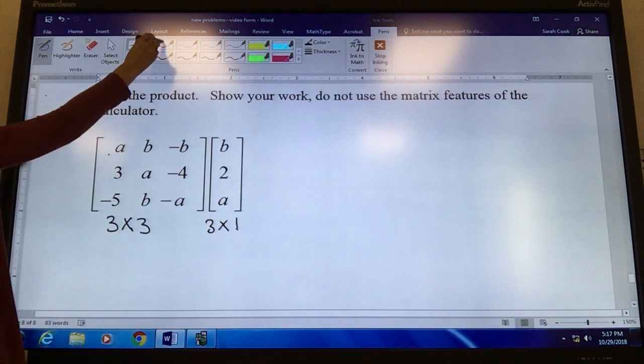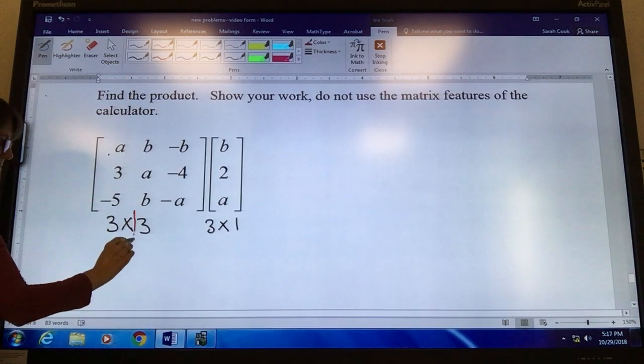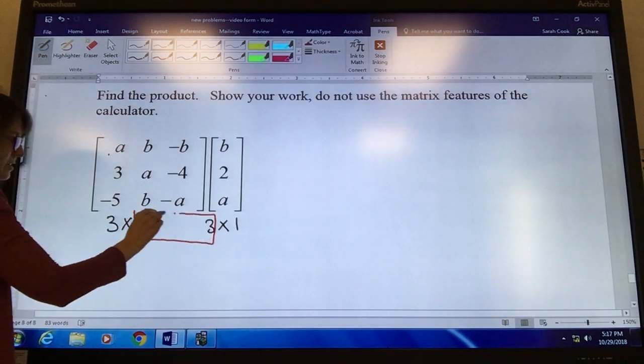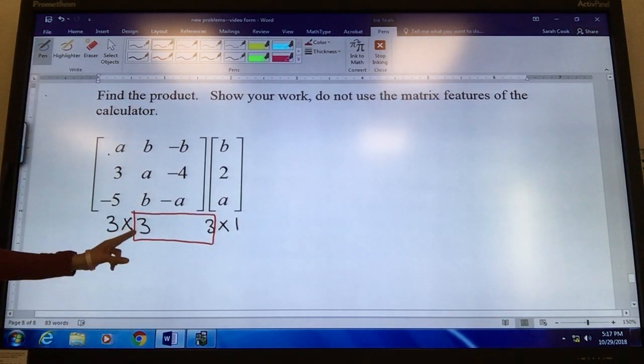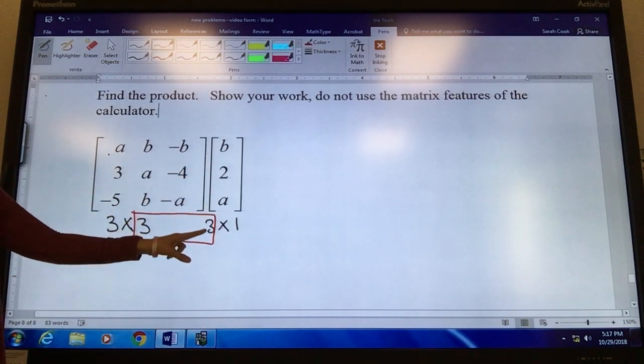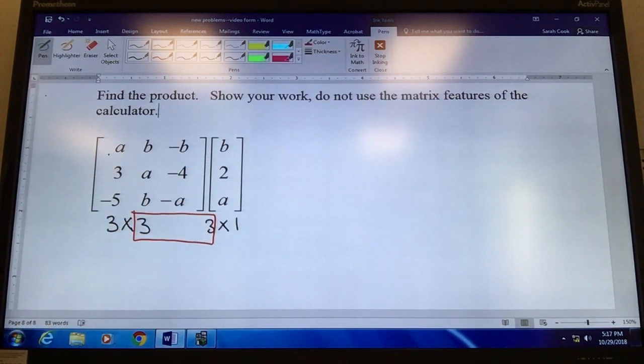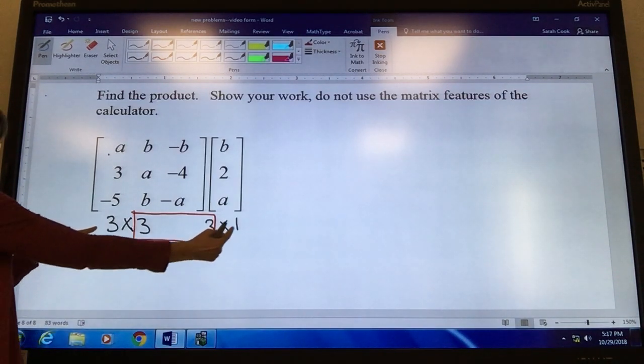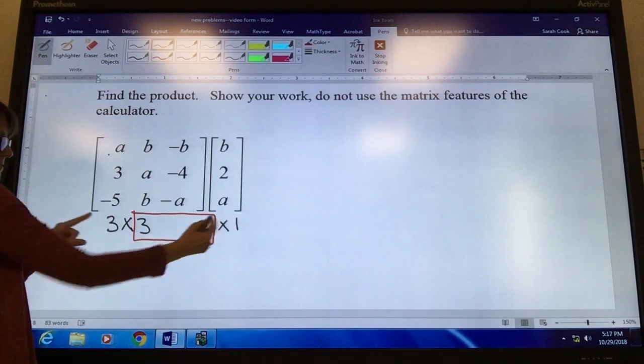Whenever you're doing matrix multiplication, you must have these middle dimensions match. So the columns on your first one must equal the number of rows on your second matrix, otherwise the multiplication is undefined. And then I know the dimensions that I'm going to end up with at the end. It's these outer dimensions, 3 by 1.